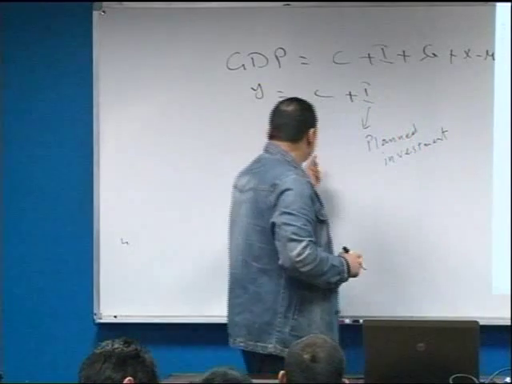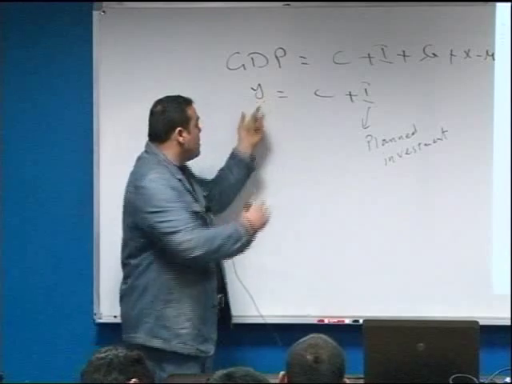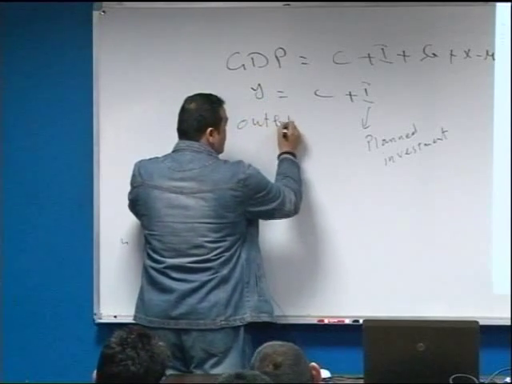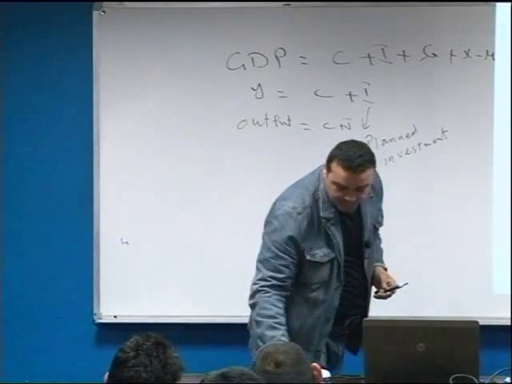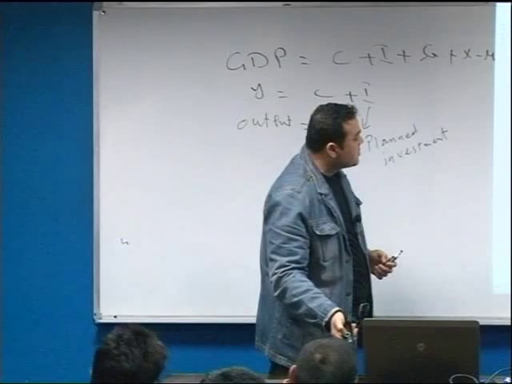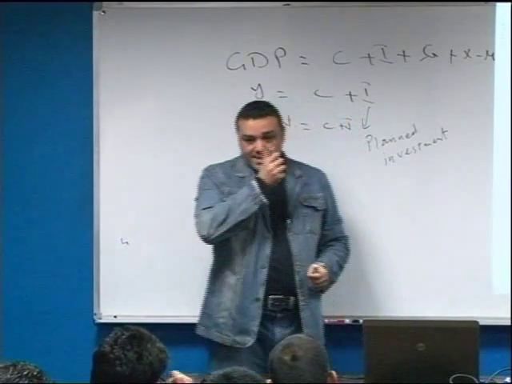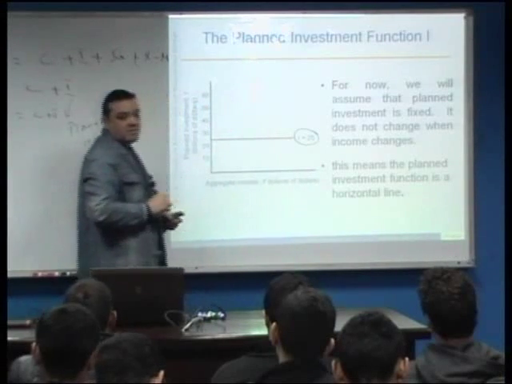Okay, so let's analyze the relationship between these. This is aggregate output, C plus I. So let's go to the structure of the investment line. As you see, this is the planned investment.